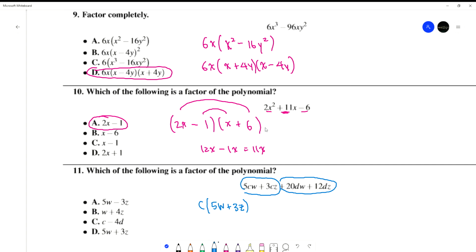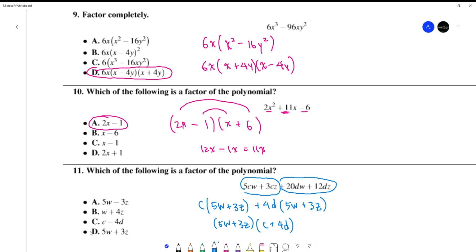In the second group, I see that the GCF is a 4 and a D. So I do positive 4D, and I get 5W plus 3Z. And then I factor the common binomial factor, 5W plus 3Z, and I'm left with C plus 4D.